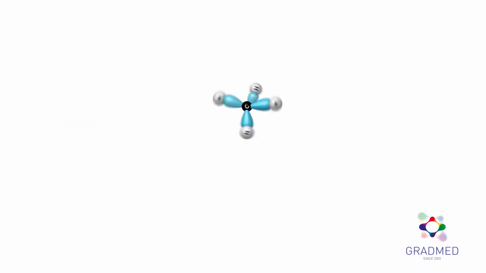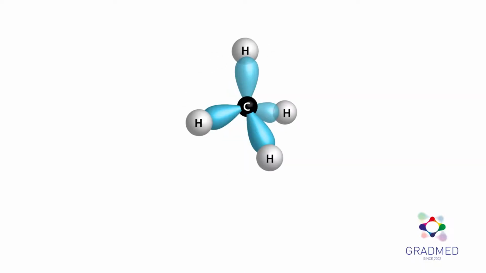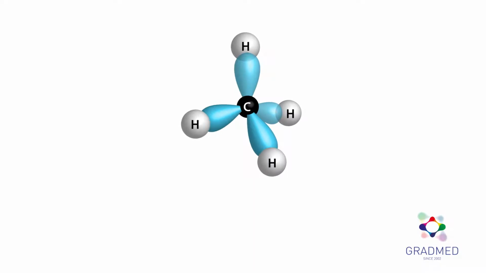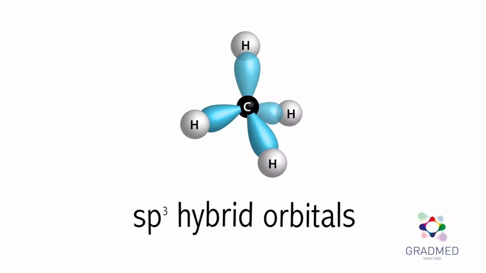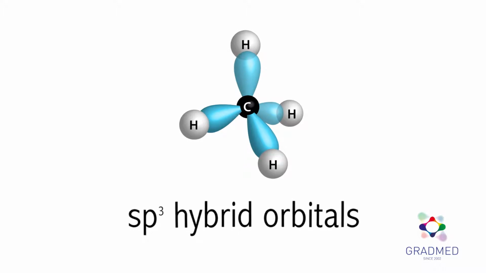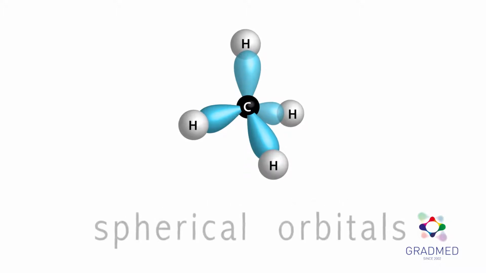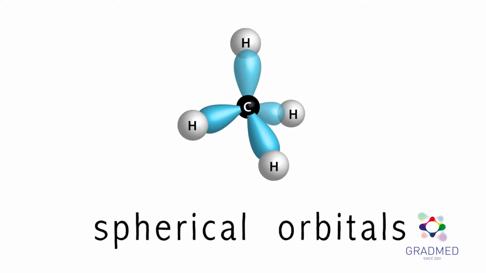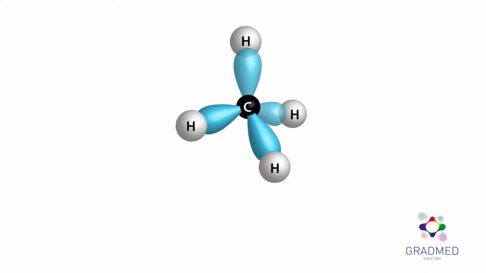It is this that gives carbon compounds like methane their regular shape, with each carbon atom sitting at the centre of a tetrahedral geometry. You can see the four sp3 hybrid orbitals overlapping with the spherical s orbitals from the hydrogen atoms, forming the covalent bonds in the methane molecule.